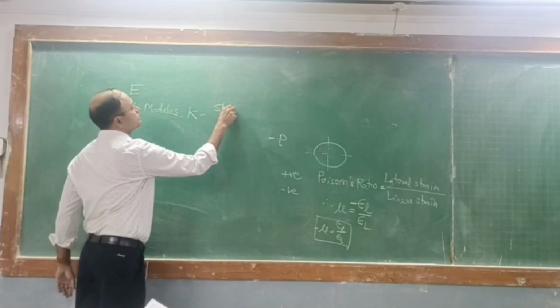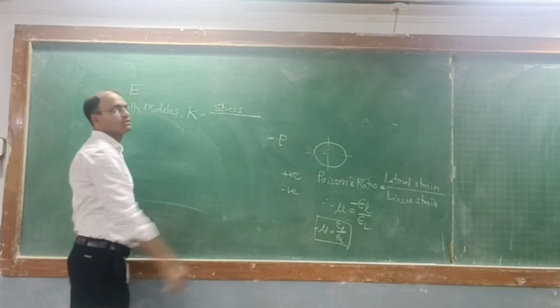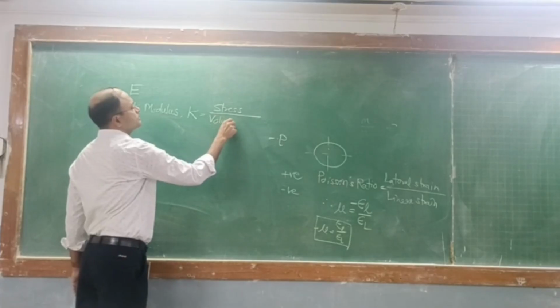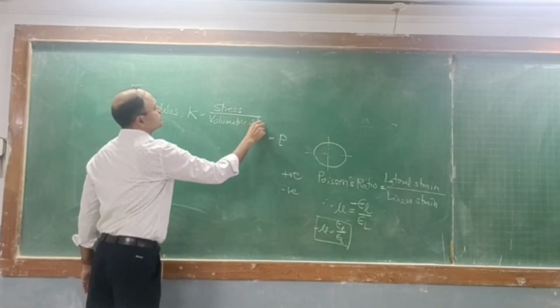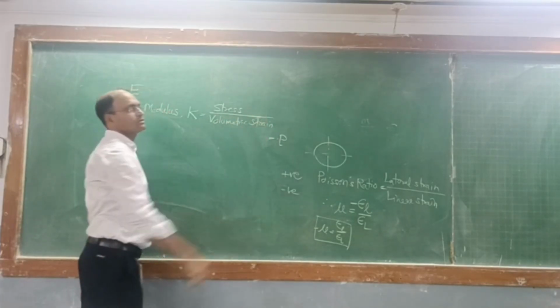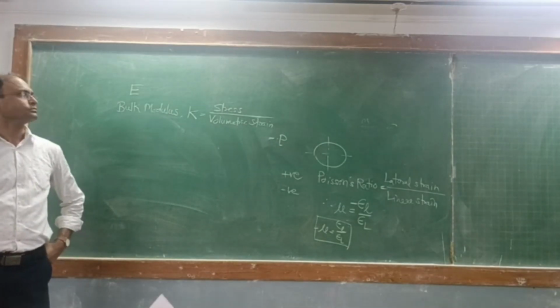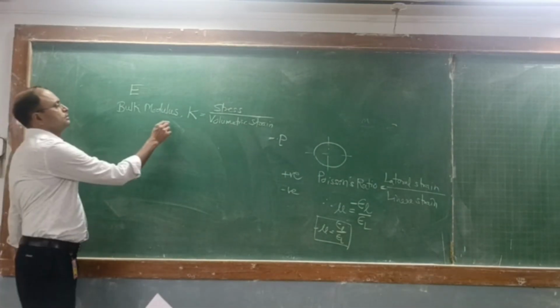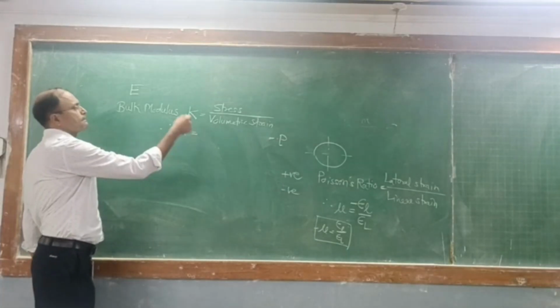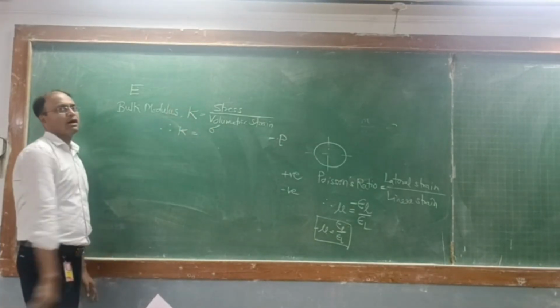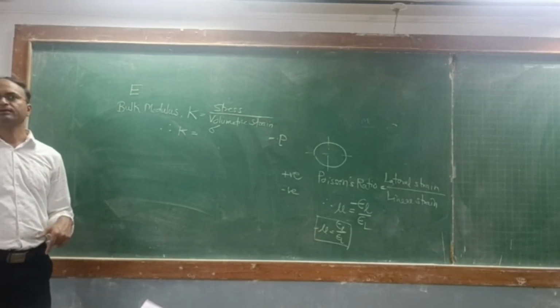Ratio of stress to volumetric strain. K is equal to stress, which we will denote by sigma, which is P upon A.